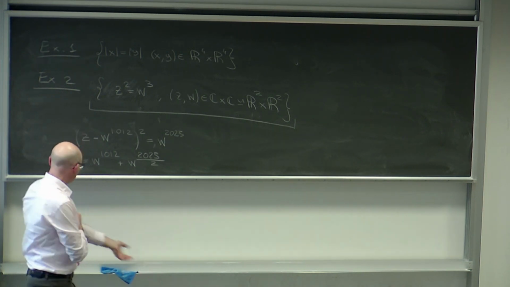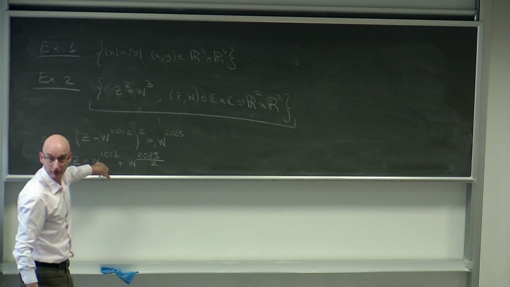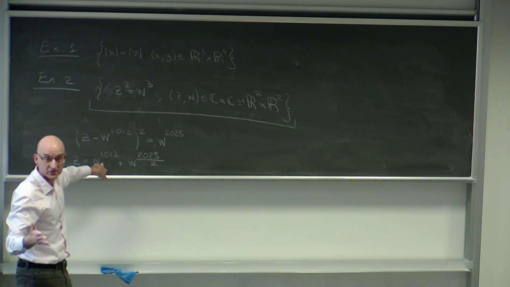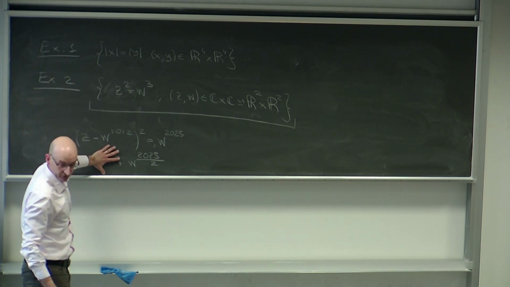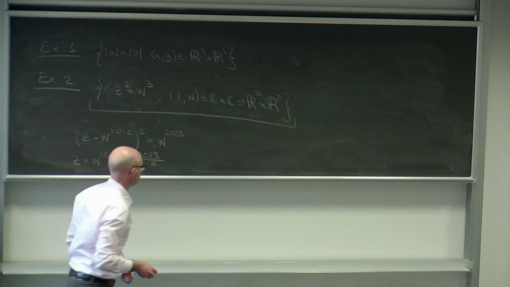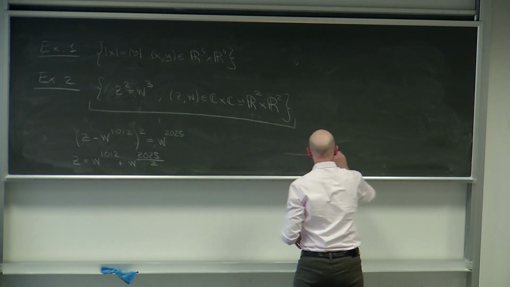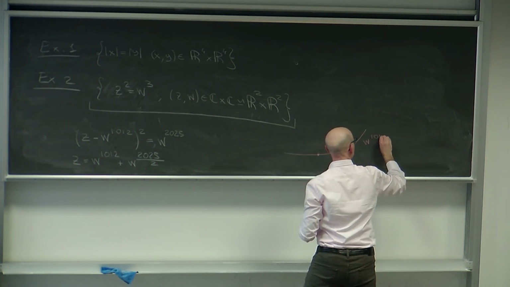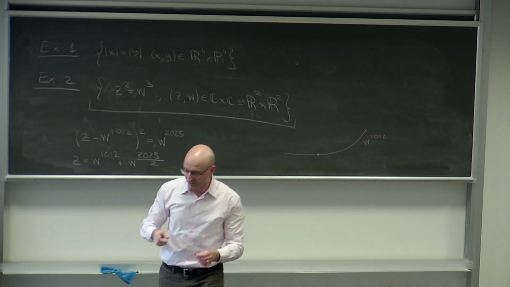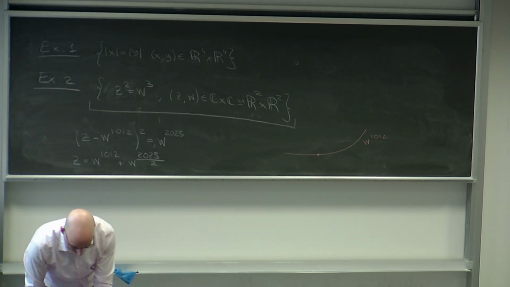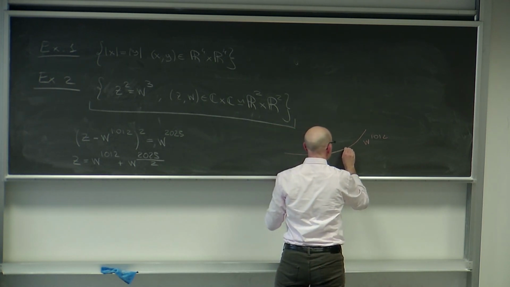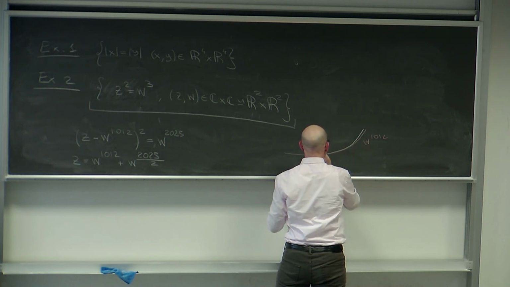To kill this, I need to understand that at order 1012, there's still something smooth before I finally see the singularity. So here is your W to the 1012, and on top of it there is a branching, but the branching looks like this.